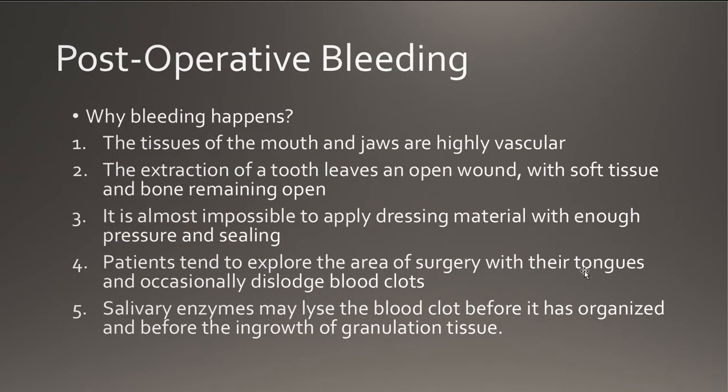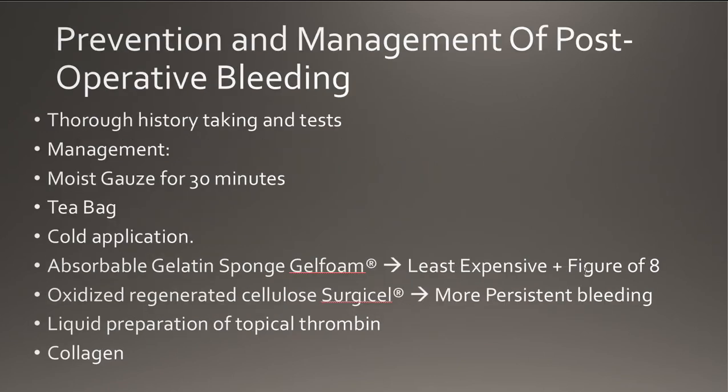Now for bleeding. Why does bleeding happen? Because the tissues are highly vascular and we leave an open wound. This will cause bleeding to happen. Now we can take a good history. We talked about the management of the bleeding. Pressure for 30 minutes, tea bag, cold application, gel foam.